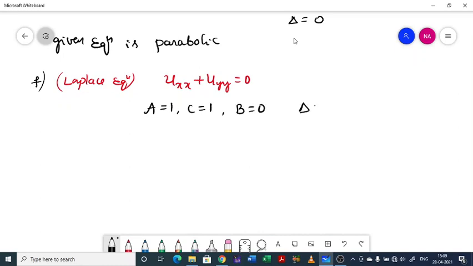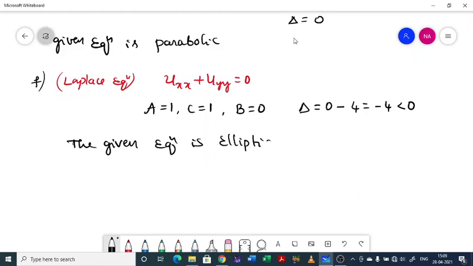So delta is negative, right? So 0 minus 4, a and c both are equal to 1, so it is minus 4 only, less than 0. So the given equation is elliptic.